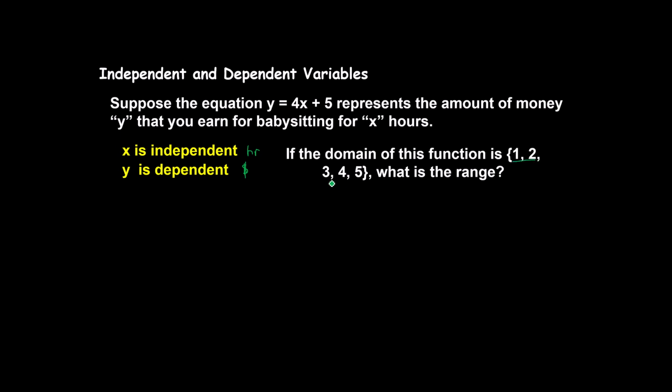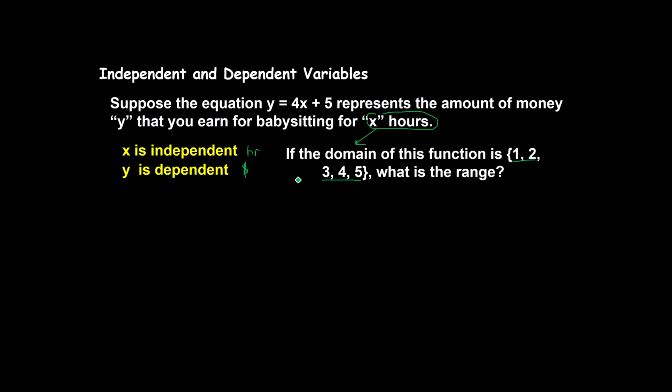Remember that domain means a lot of things. It means the x value. So in this story, the x value or domain is going to be 1, 2, 3, 4, or 5.